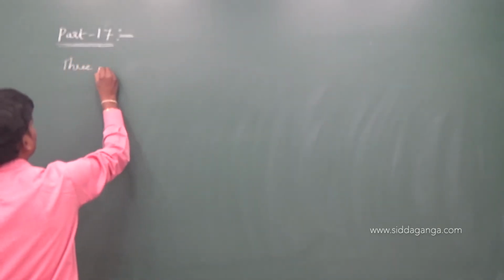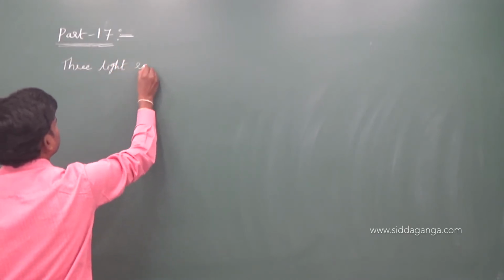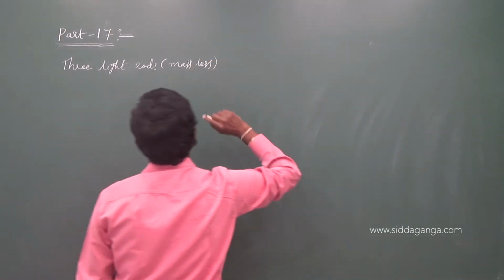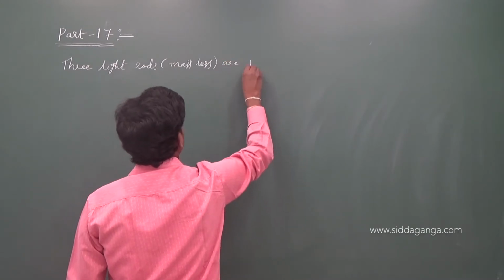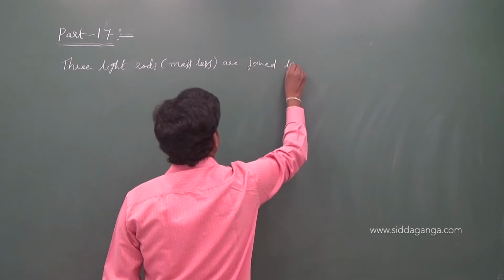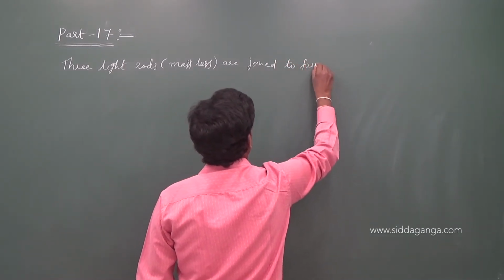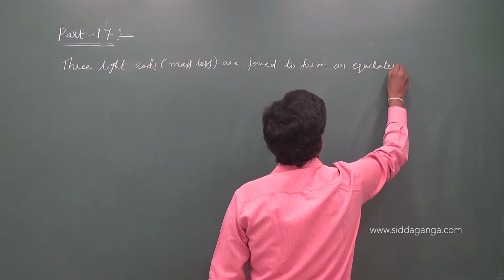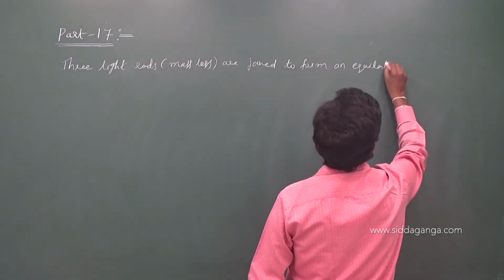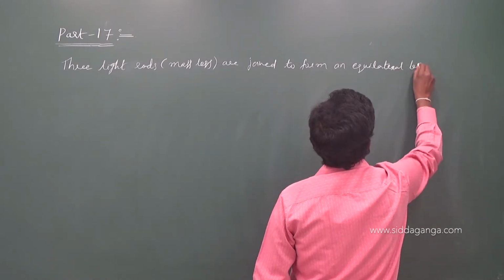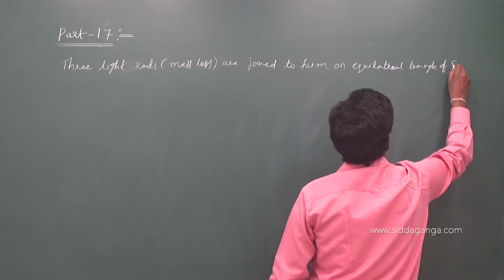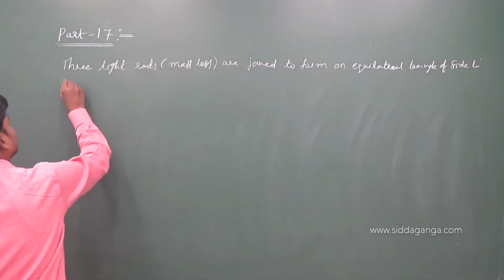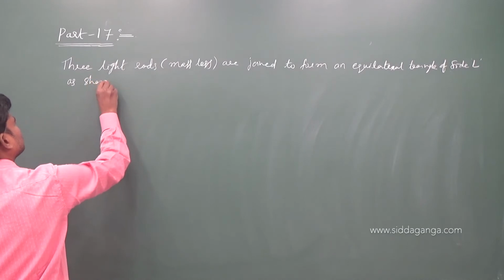Three light rods, they are massless, are joined to form an equilateral triangle of side L. I am giving an equilateral triangle of side L as shown.